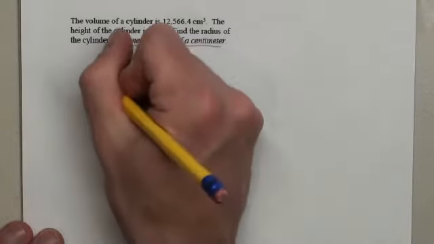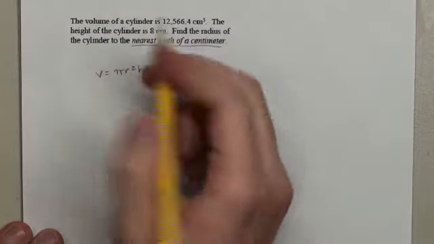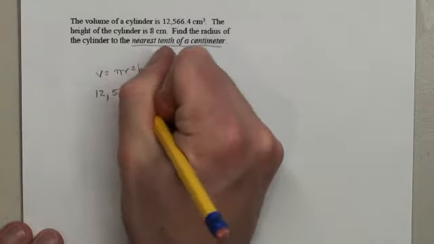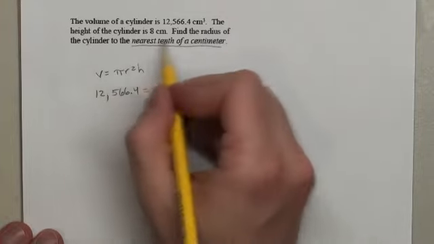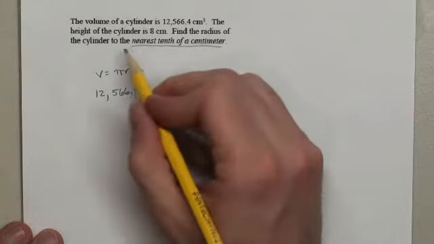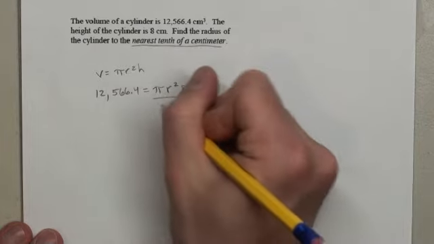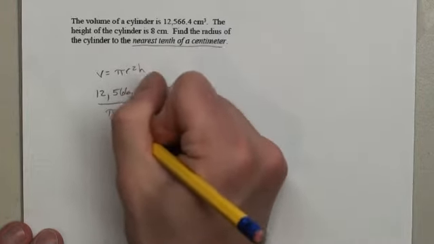Alright, so the volume equals pi r squared h. It says the volume of a cylinder is 12,566.4, and that equals pi. R is what we're looking for, so r squared, and h is 8. So we're going to divide by pi 8, divide by pi 8.